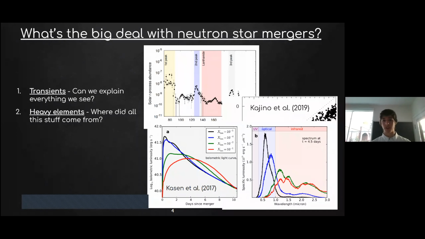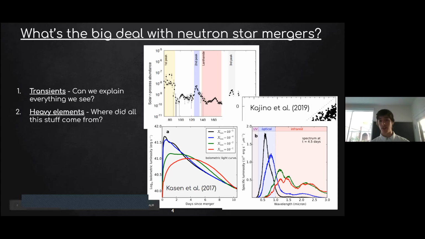This is a theoretical result showing time and brightness. The neutron stars merge and emit a bunch of light, and the brightness of the event slowly decays over a matter of days. If you don't have many of these heavy elements, it happens pretty quickly.